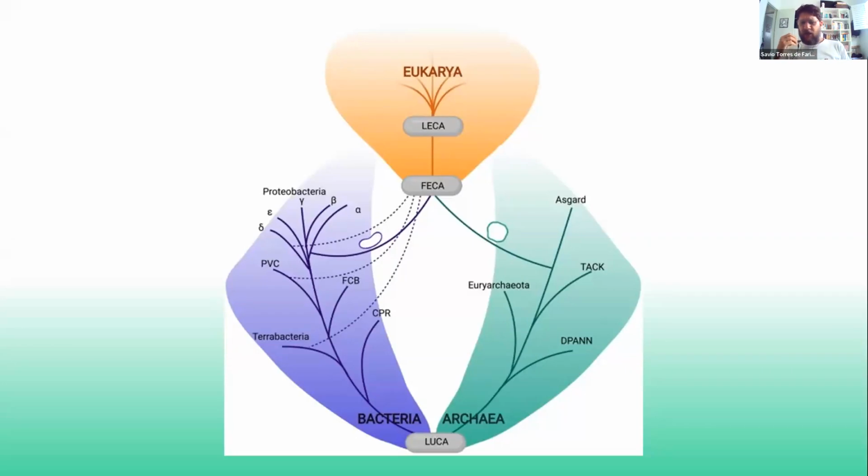But we have a lot of evidence that the simplest scenario for the emergence of these two basal lineages is that the ancestor of the archaea and bacteria is not a cellular organism.